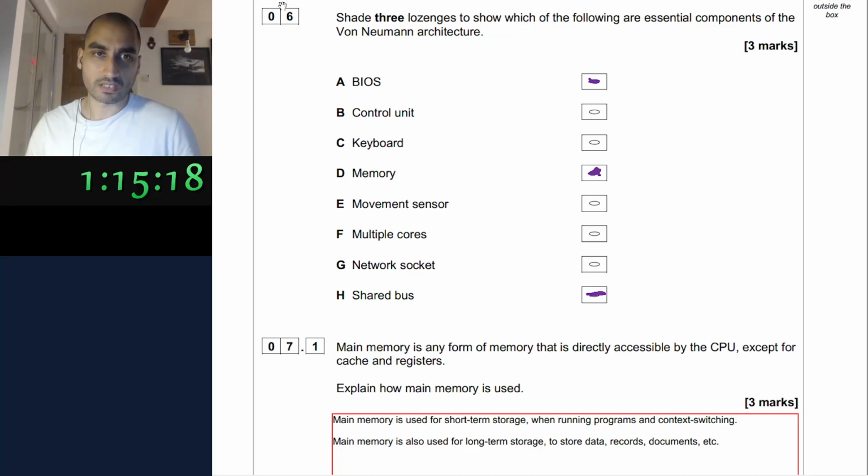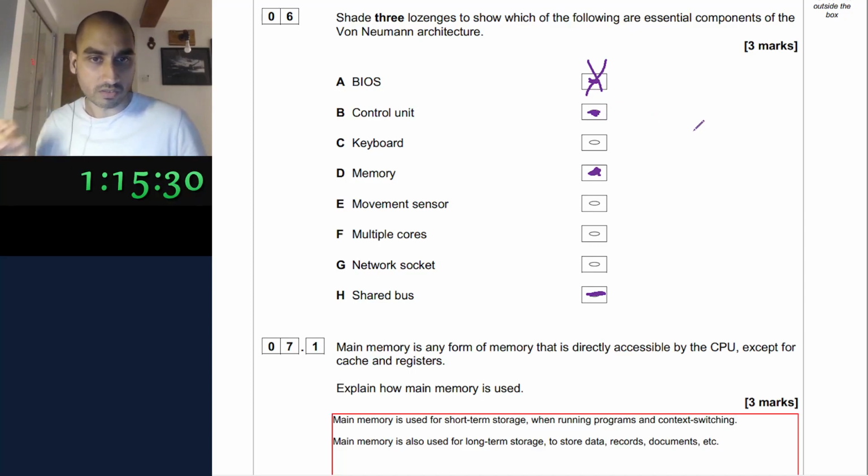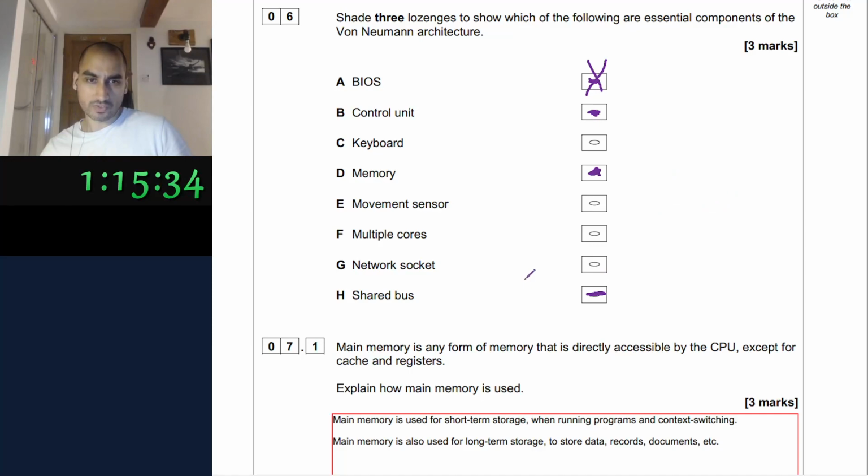Control unit? I think it's control unit, not BIOS, because they mentioned control unit later on. Go with that. Control unit, memory. They mentioned control unit and memory. There's probably that and shared bus. No, what's shared bus? No, we don't need shared bus.